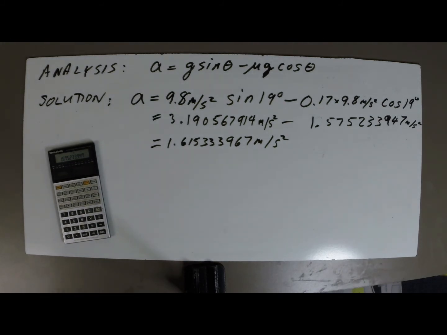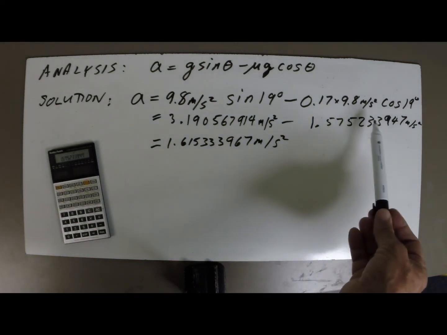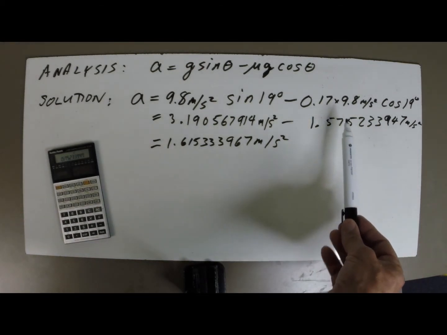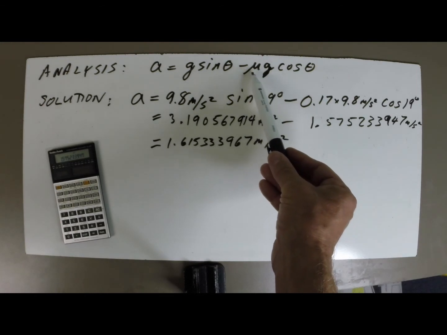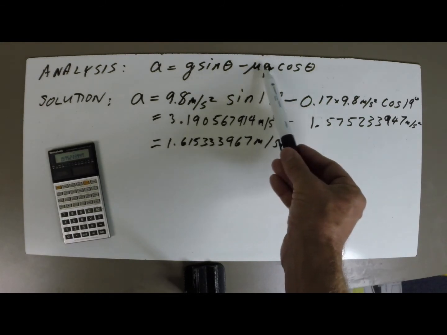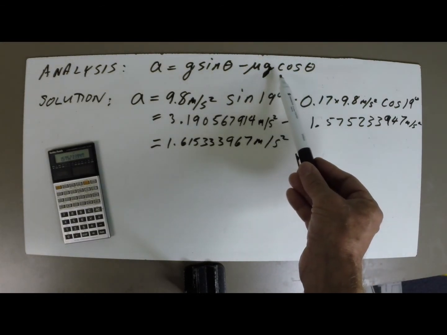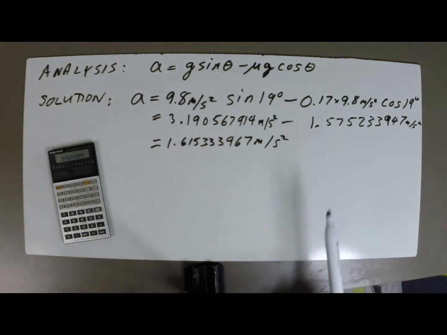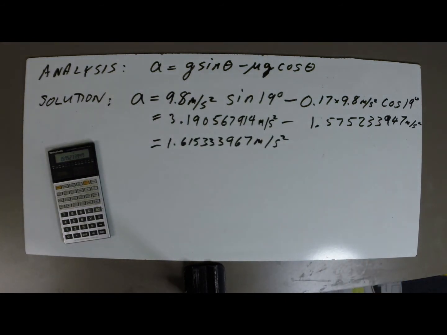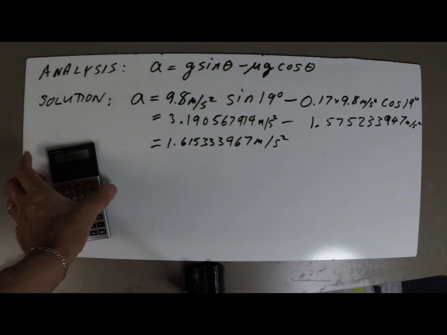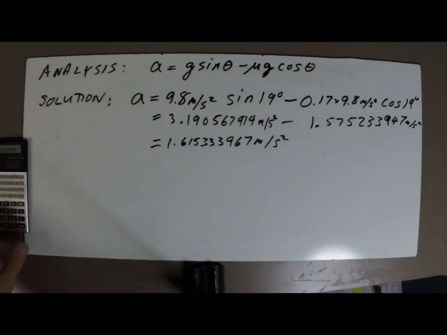That's how fast the object would accelerate if there was no friction. The friction will reduce the acceleration by the coefficient of friction times the normal force, or the y component of gravity, so that reduces it by about 1.58 meters per second squared. Putting the two parts together, we get the net acceleration of about 1.6 meters per second squared.